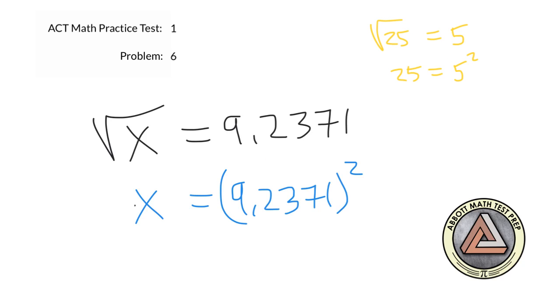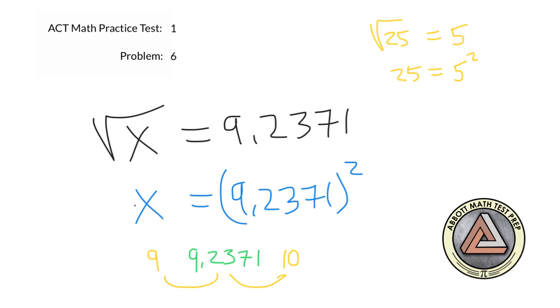And the bottom line is what we could do is just realize that 9.2371, which I'll write right here, is most definitely in between two numbers. One number is 9, and the other number is 10.